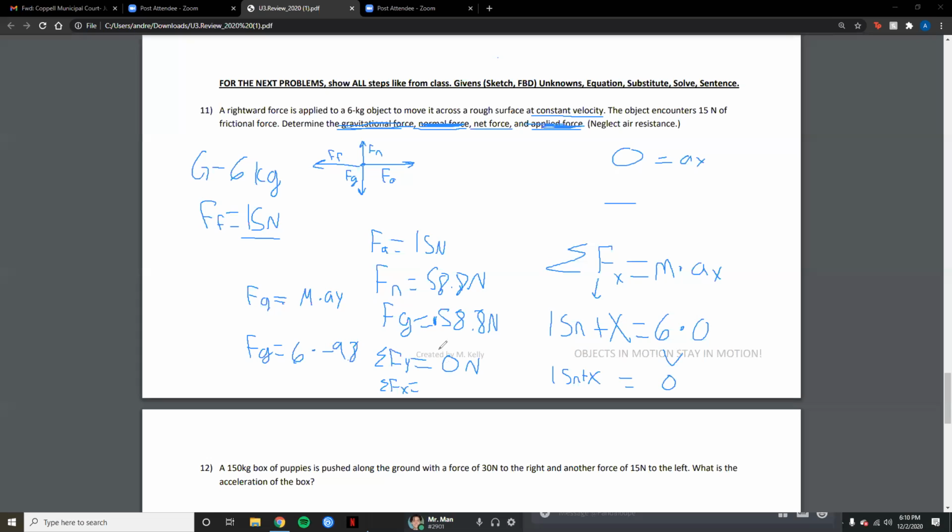Because if that's 30, then wouldn't this be 117.6? Let me think. Net force 30. Don't you have to calculate friction and f of a?